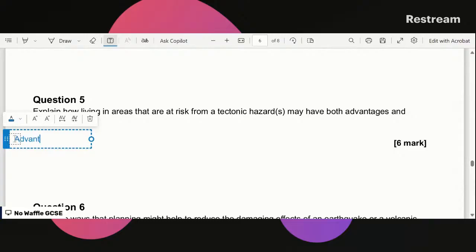So, let's think of some advantages of living in areas that are at risk of tectonic hazards. Examples are very fertile soil. In areas with volcanoes, a lot of the magma flows down and forms lava when it's released from the volcano.